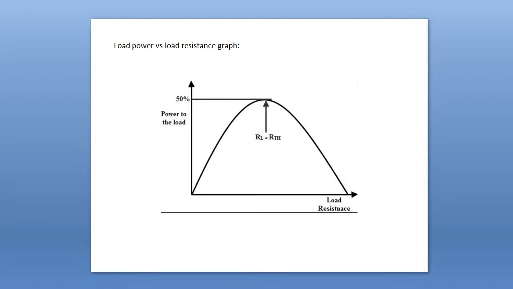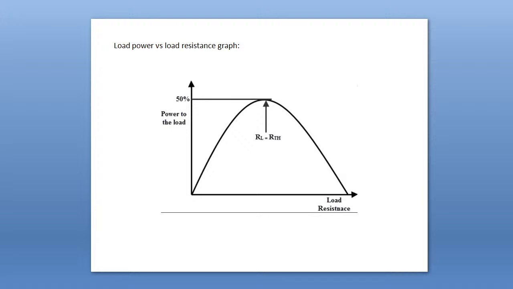I mean, all of you are correct theoretically. But if you select load resistance equal to Thevenin resistance, practically, then what will happen? In real time, maximum power will deliver. As a result, maximum heat will produce in your circuit, which will burn out the circuit element or damage the circuit.